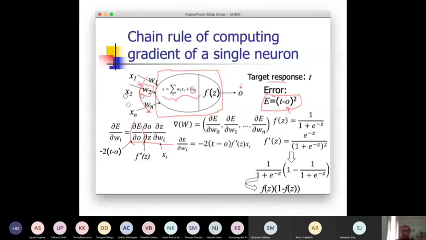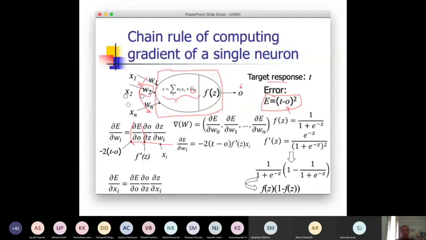You can do it on your own, but the result is very interesting. The gradient can be expressed in terms of the functional value at that point itself: f(z) into 1 minus f(z). It is quite interesting to observe that.